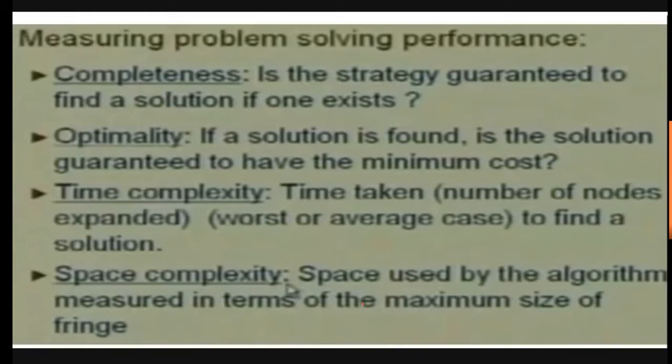Now here, whatever the search method, we have to go with these performance characteristics. That means, whether the algorithm used will give me a complete solution. That is what the completeness measurement means. Now, what is the best choice of the solution?